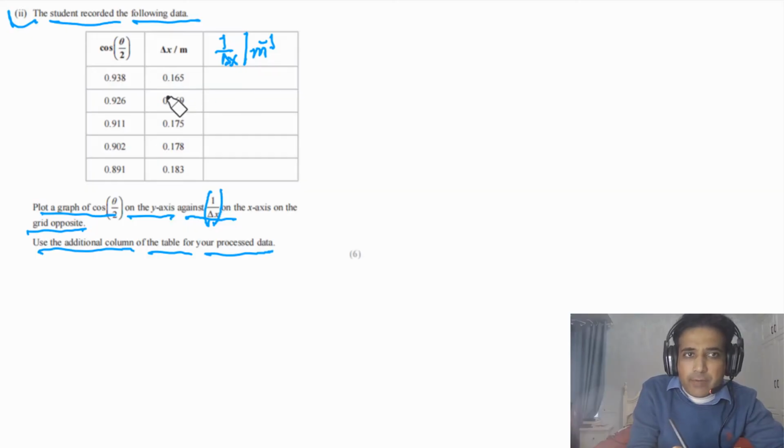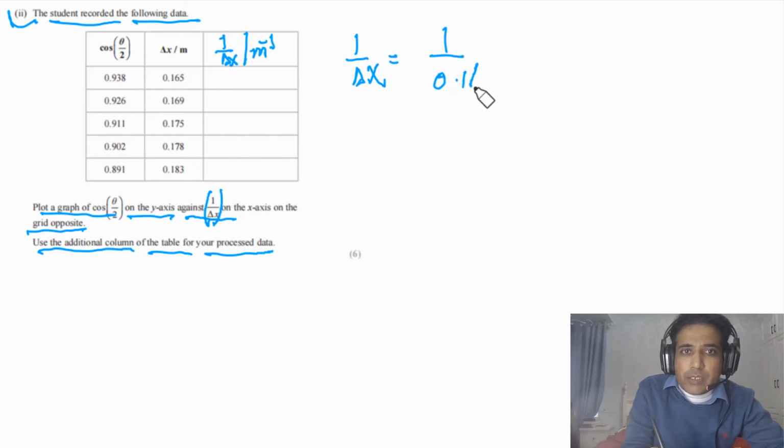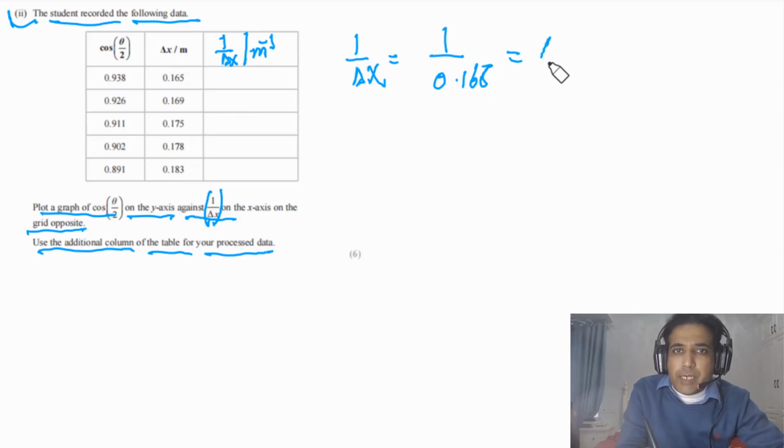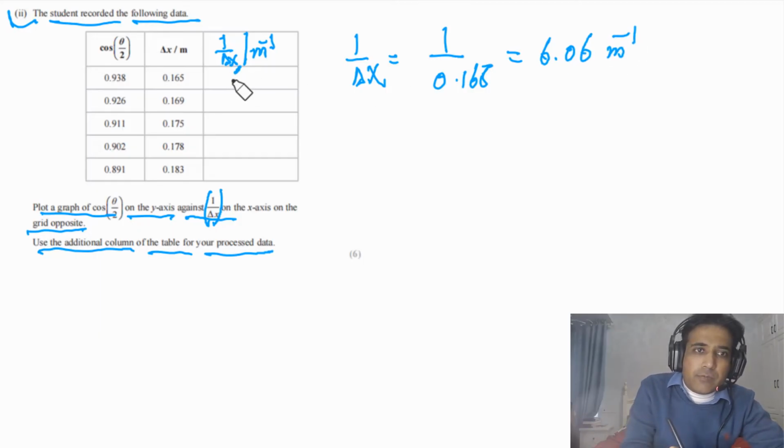So we have delta x here, so 1 over delta x will be equal to 1 over 0.165, and if we solve this one, we will get 6.06 per meter, and we write down 6.06 here.